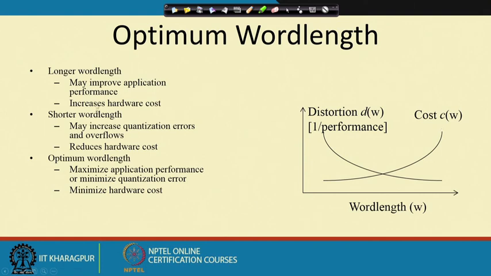Since the cost is plotted as one by performance, that curve is basically decreasing, as this is inversely proportional.